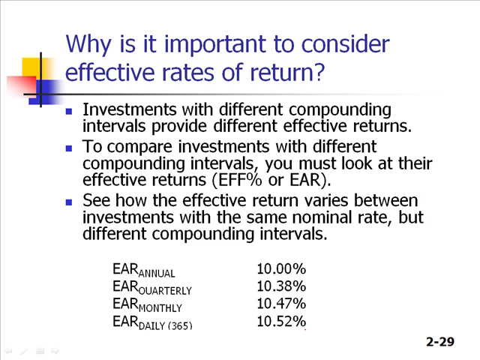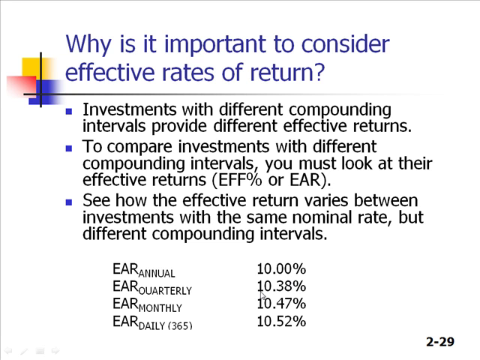Okay, the more often interest is compounded, the higher the effective annual rate will be. Let's just assume again that we've got a 10% nominal rate. Well, if it's annual compounding, the effective rate is just the 10%. And we just saw on the previous page that with semi-annual compounding, it would be 10.25%.